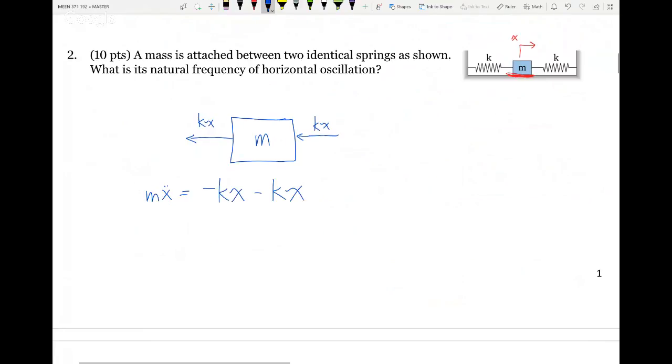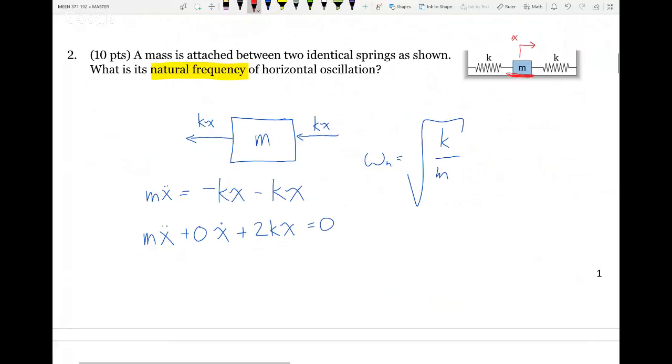Okay? So when we put it in the standard form, m x double dot plus 0 x dot plus 2Kx equals 0. Okay, since we're looking for the natural frequency, that's always going to be the square root of k over m. What that means is not k or m, it means whatever this is over whatever this is.